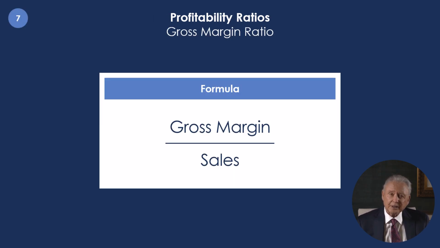Our first profitability ratio is gross margin divided by sales. Gross margin to sales is a critical ratio. It shows the profit available after deducting the cost of sales. It's all the profit left to pay operating expenses and still produce a net profit. If gross margin declines, even managing all other expenses, earnings will still suffer.